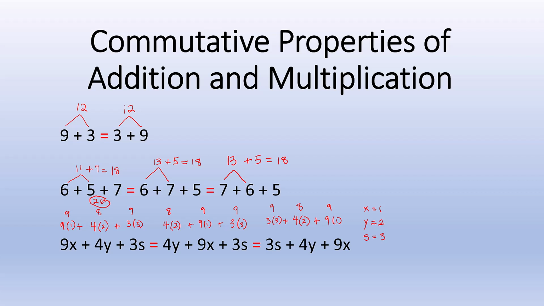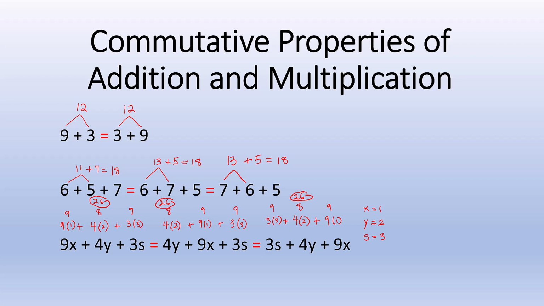And in the second one, 9 plus 8 will give me 17. 17 plus 9, again, will give me 26. And finally, 9 plus 8, 17, plus 9, 26. So in every example, regardless of the position of the items, I get the same answer. That is what we call the commutative properties of addition.